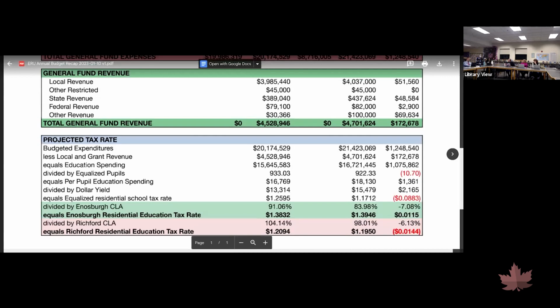Before we set your warning, I kind of need to know what direction you want to go with it. You've got $500,000 in, which you put in 2 years ago, I believe. Don't believe we've touched it yet. We've done a lot of capital projects this year.